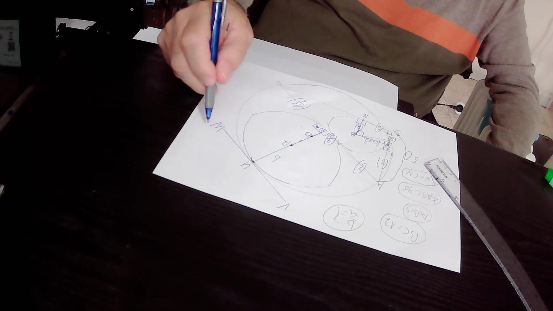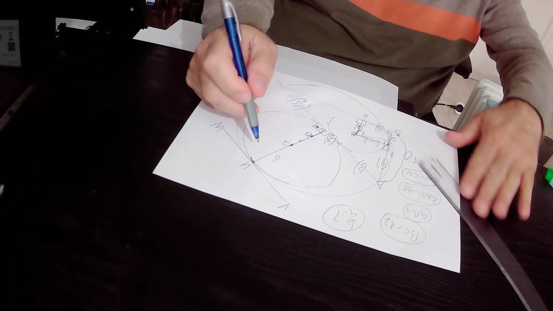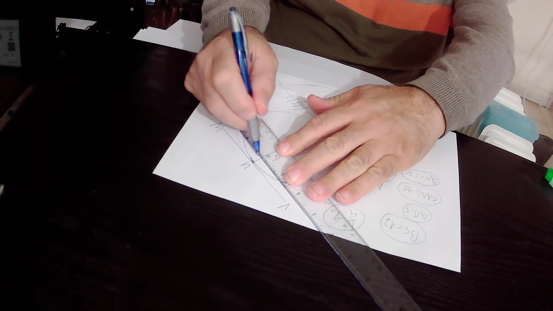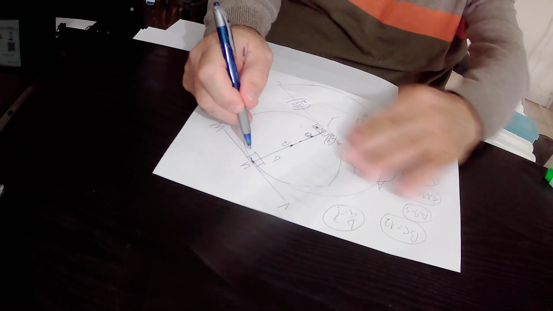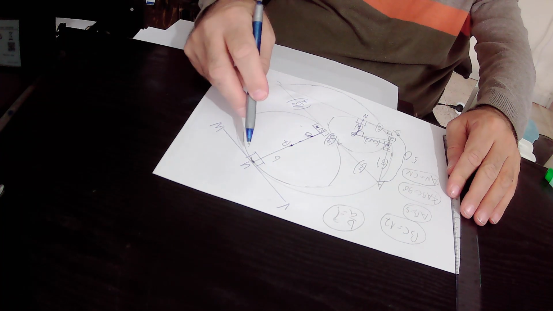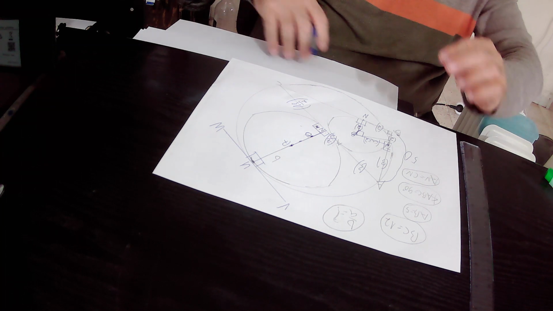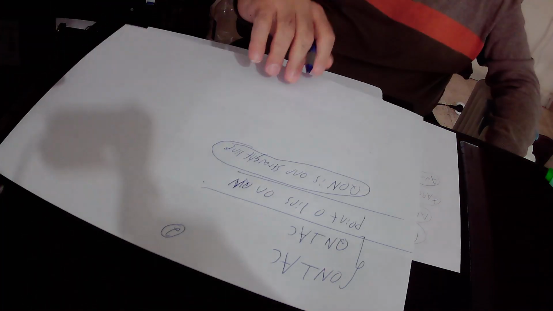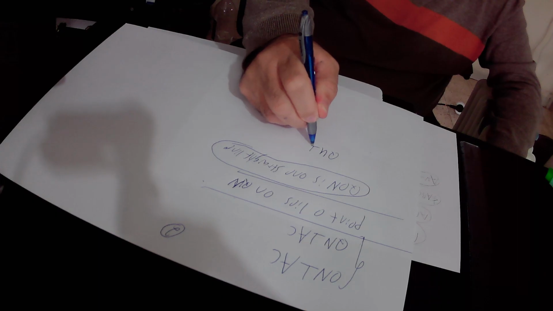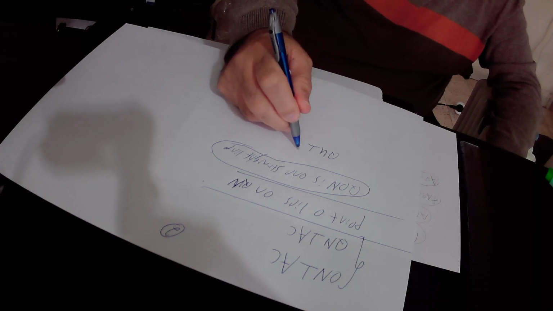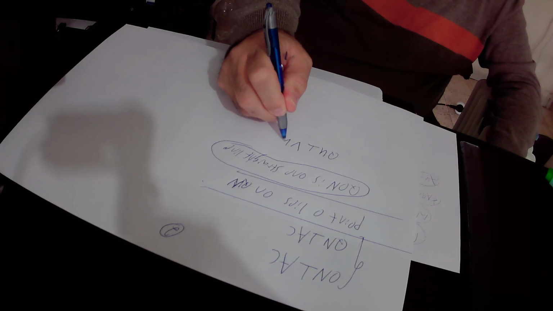If VW is perpendicular to UQ, it means that this angle equals 90 degrees, and this angle equals 90 degrees. So I can write down that the radius QU is perpendicular to tangent VW.